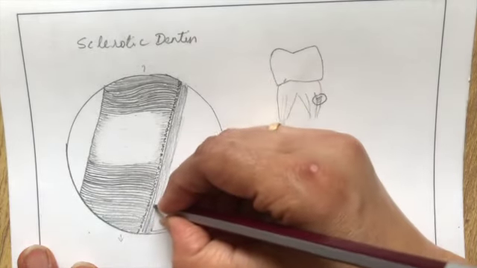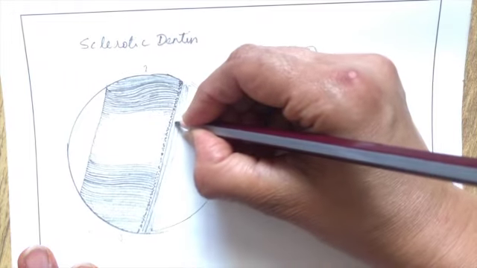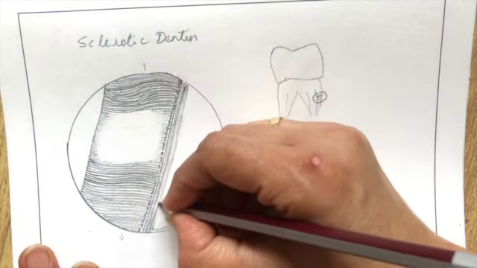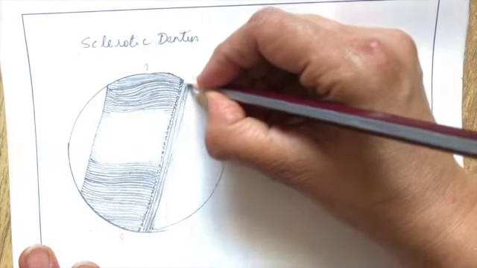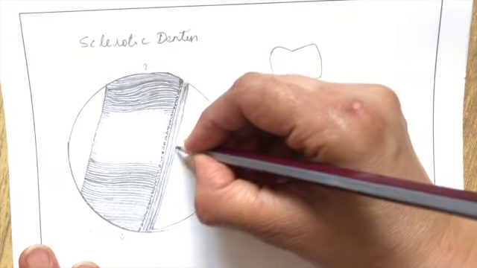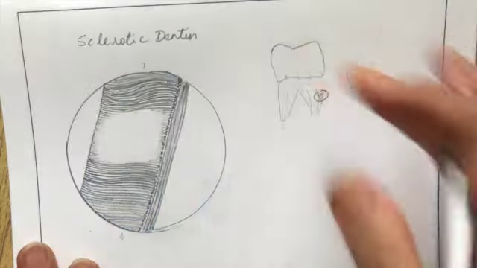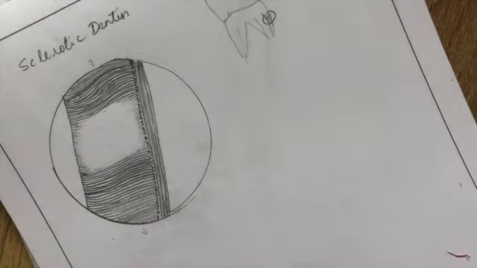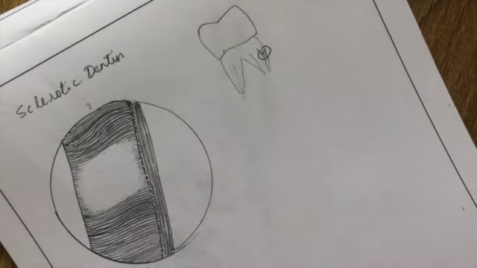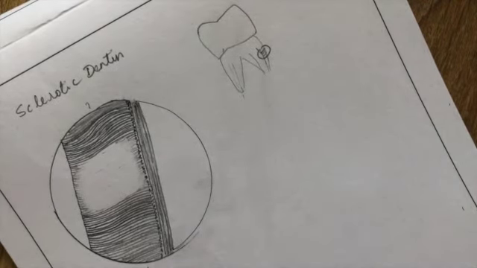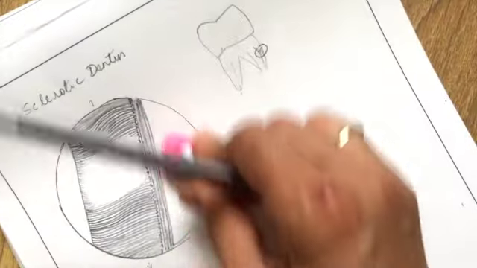We can draw the incremental lines of Salter that we see in cementum. So this is basically the diagram of sclerotic dentin. Now we'll start labeling it.